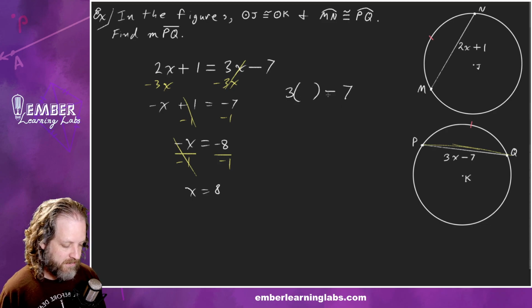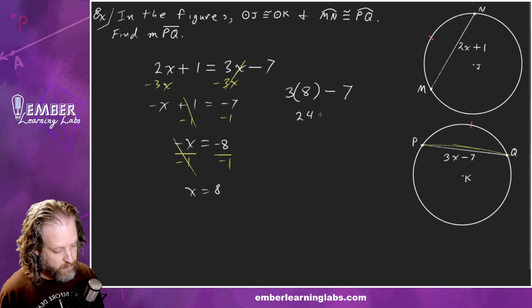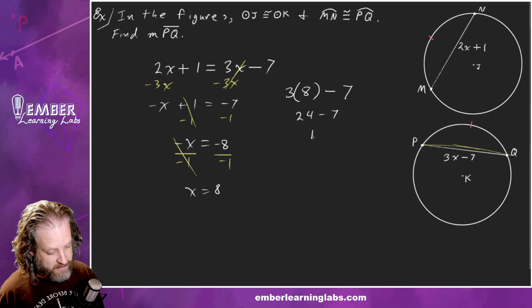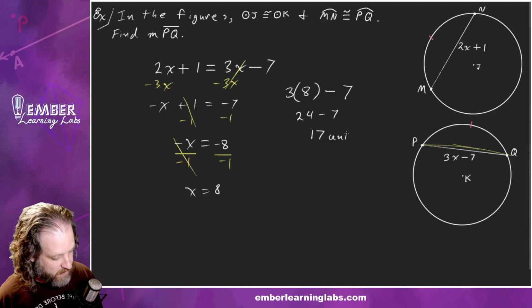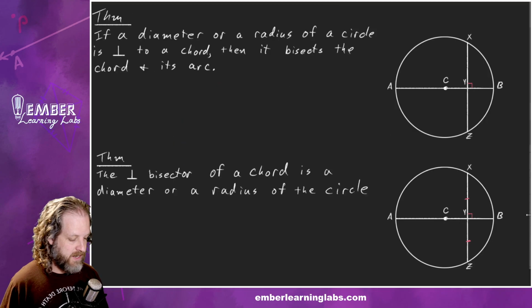We've done this kind of stuff all year long. 3 times 8 is 24, minus 7. 24 minus 7 is 17. So it is 17 units long. Nice.